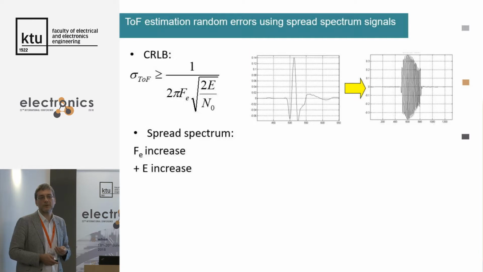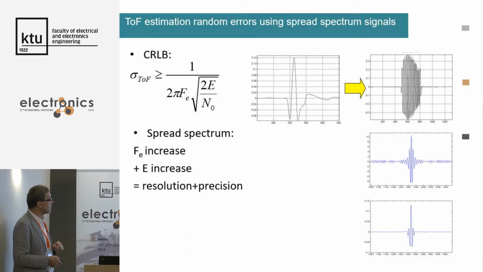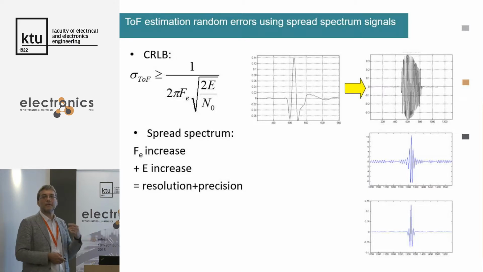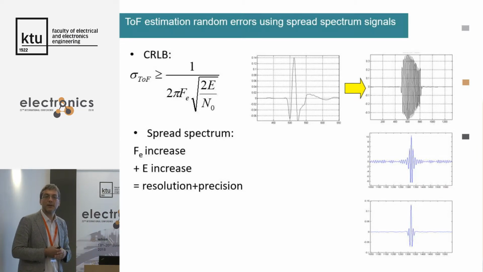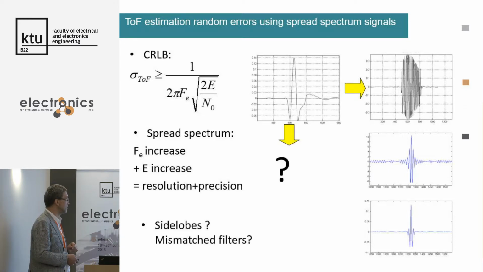Still, there are no standards, so it is still not widely used. But what are the advantages? Spread spectrum signals can be long, but their bandwidth does not relate to the energy. This means you can make the signal longer, increasing the energy, but still maintain the bandwidth, that is, maintain the resolution, and of course the accuracy.